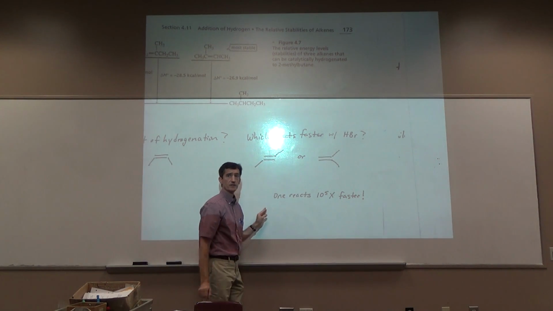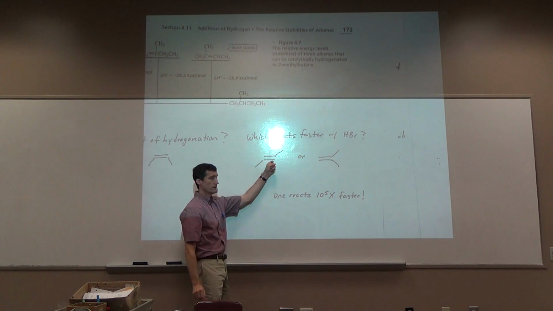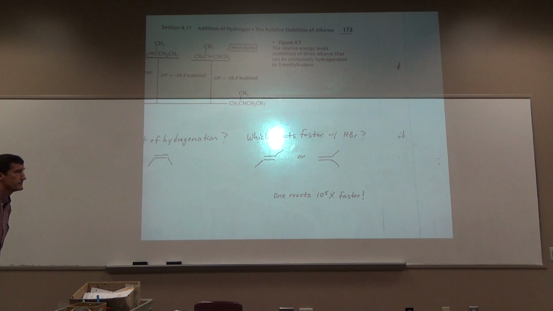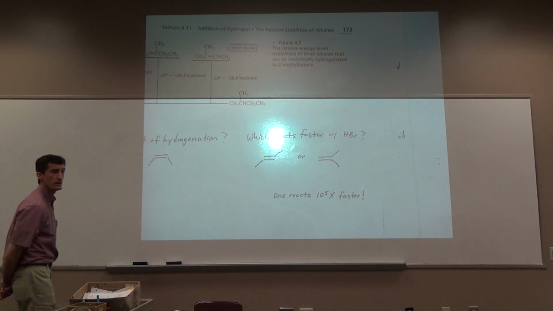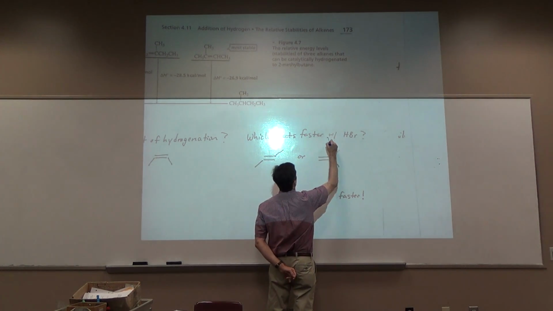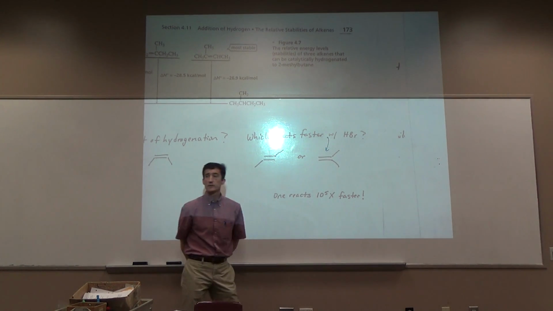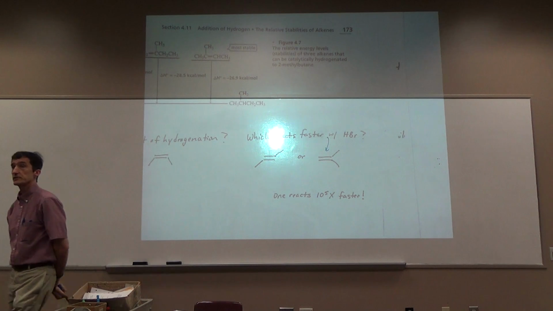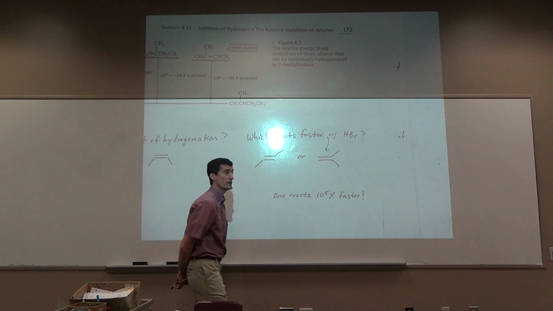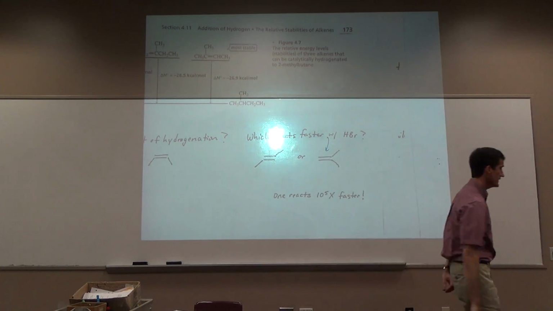Primary, secondary, tertiary? Tertiary. How about here? A secondary. Tertiary carbocation is going to be much easier to form. This one's going to react faster because you're going to get that tertiary carbocation. It's going to be quite stable, and thus the transition state leading to it.